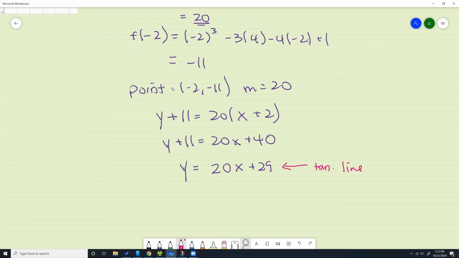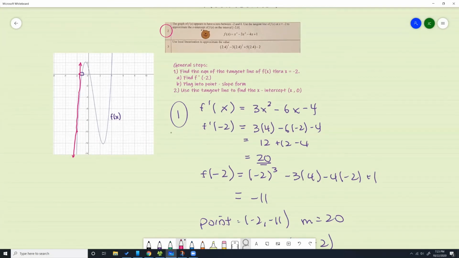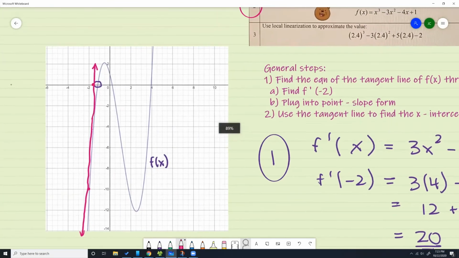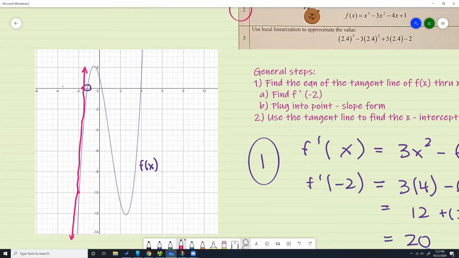Okay, we're going to use a tangent line. So step 2 now. You're going to use the tangent line to approximate the x-intercept. So remember, what makes an x-intercept special is that the y value is always equal to 0 because it crosses the x-axis.